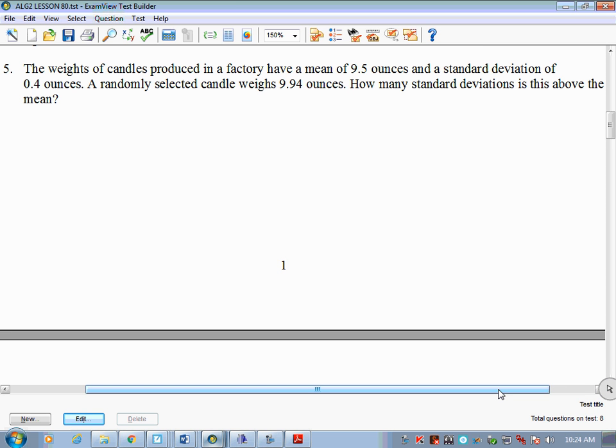Let's see. All right, so there's some ways to look at this. Okay, the weights of candles produced have a mean of 9.5. Standard deviation of 0.4. Okay, so one standard deviation is going to be what right here? 9.9.